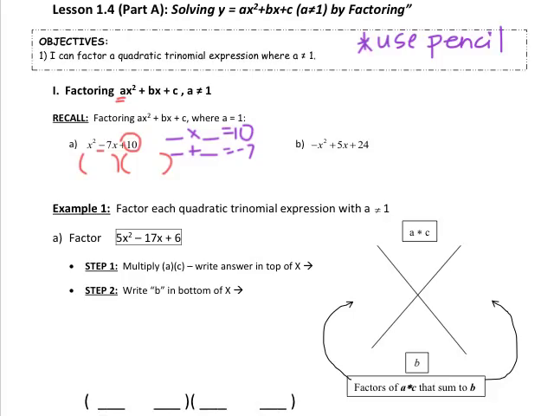So I think those two numbers are going to be -2 and -5, because when we add -2 and -5, that's going to be -7. So in my parentheses, I'm going to have x minus 2 and x minus 5.